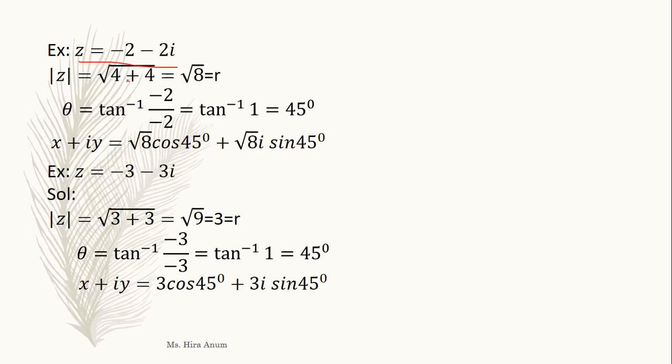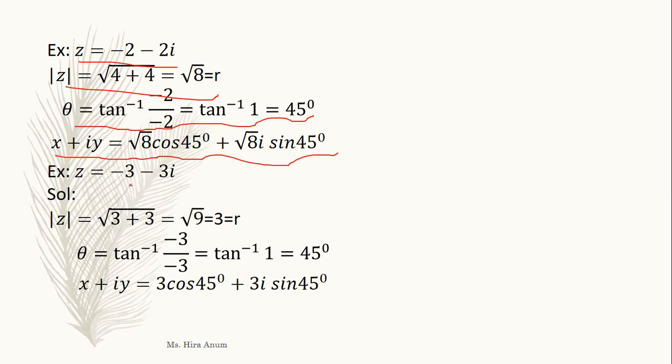Here is another example. Mod z equals r, which is radical 8, and theta equals 45 degrees. Then x plus iota y equals radical 8 cos 45 degree plus radical 8 iota sin 45 degree.